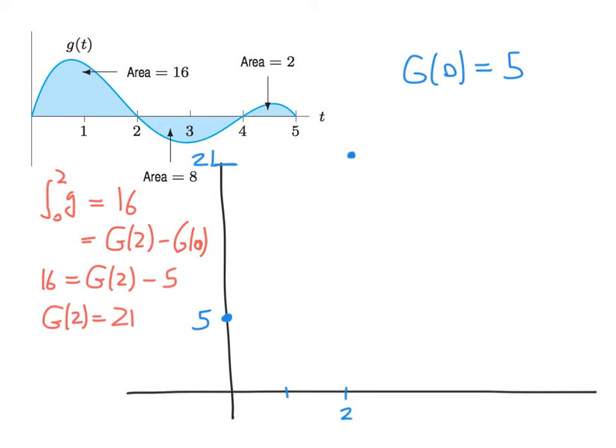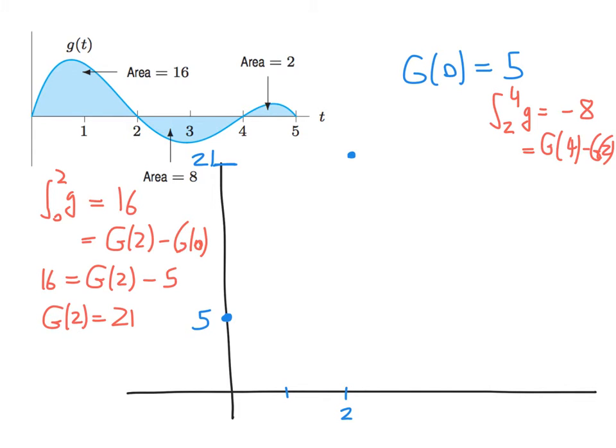So the definite integral from 2 to 4 of g is minus 8, because it's the negative value of this area. But we also know from the fundamental theorem of calculus again that this is the same as capital G of 4 minus capital G of 2.